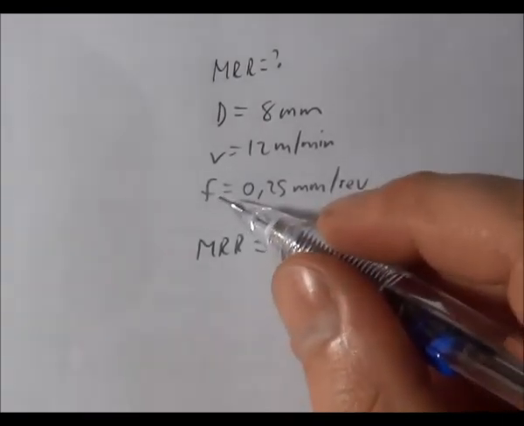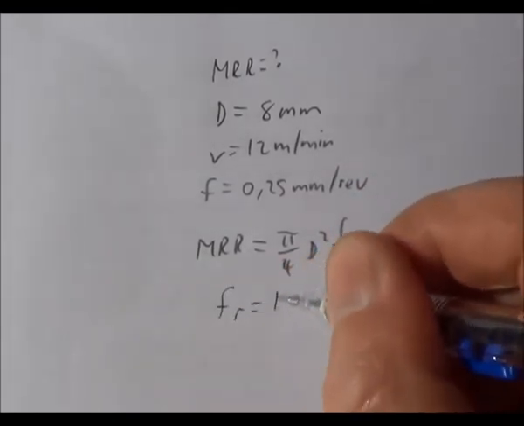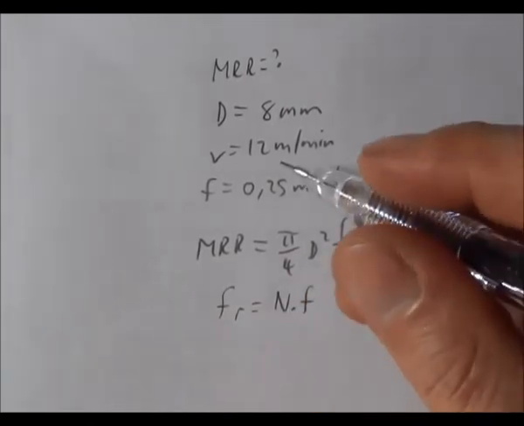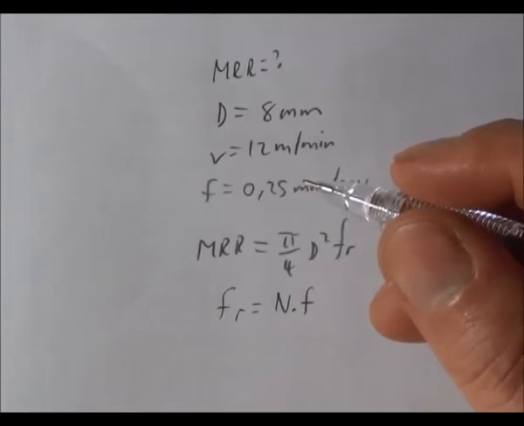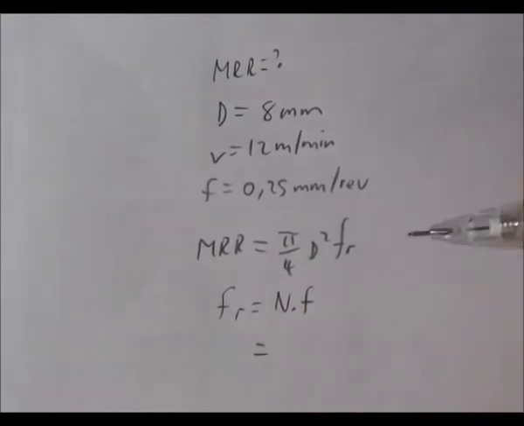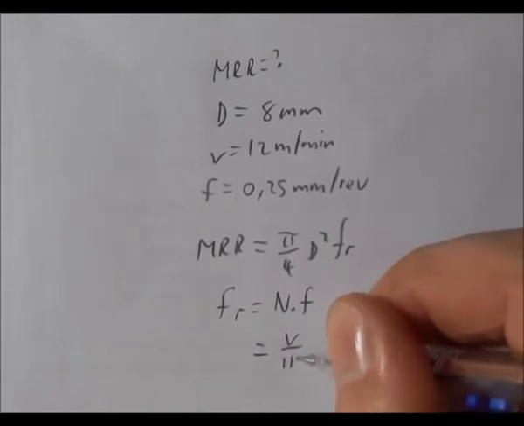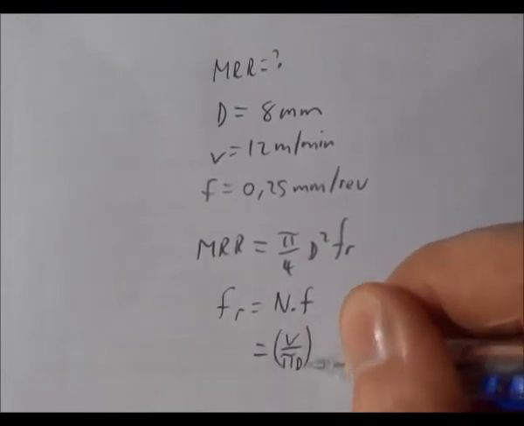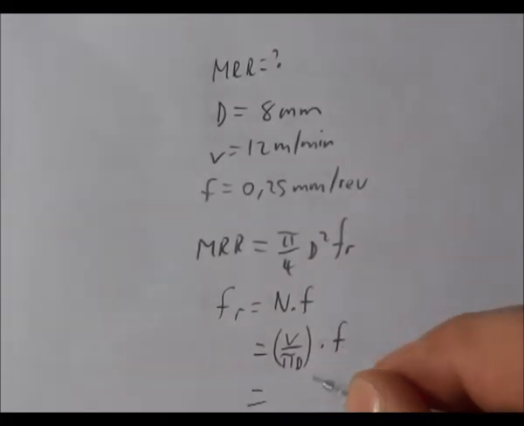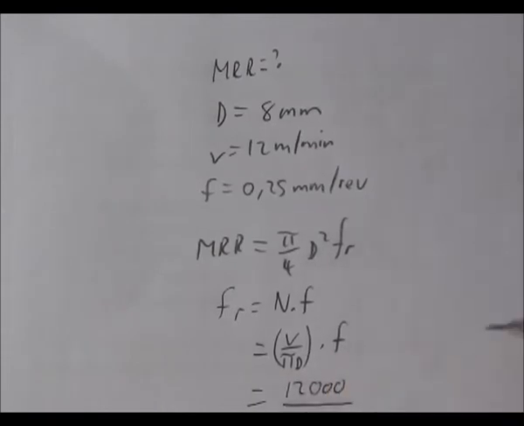FR is determined from the feed and the rotational speed. FR is N times F. And N we need to get from our velocity versus diameter ratio, which is V over pi d, times F. So now we can start plugging values in. We have 12 meters at the top. I'm just going to multiply that by 1000 to get it to millimeters.